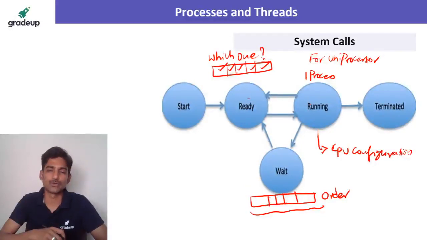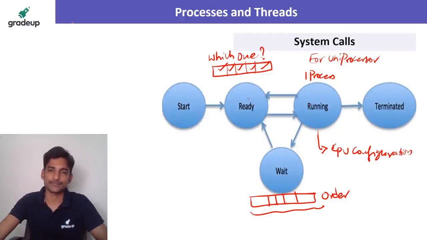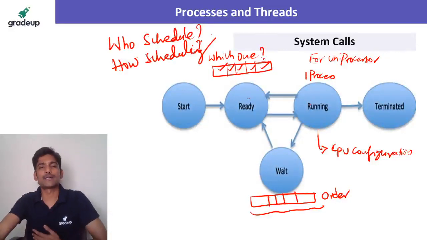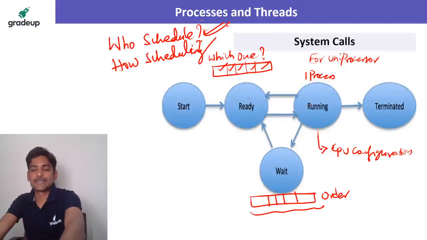Which process will go to ready state first, and who decides that? So we will first see who does this scheduling, then how this scheduling happens we will understand. First we will try to understand who will schedule. That is what we call the scheduler.